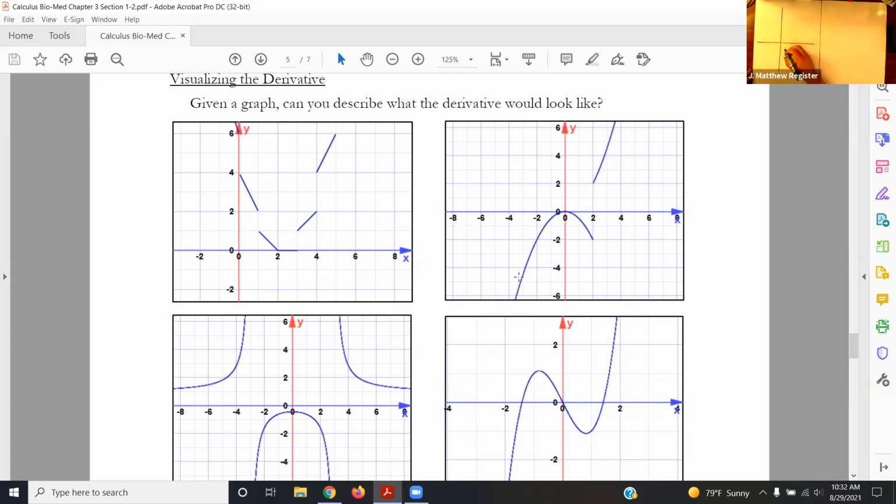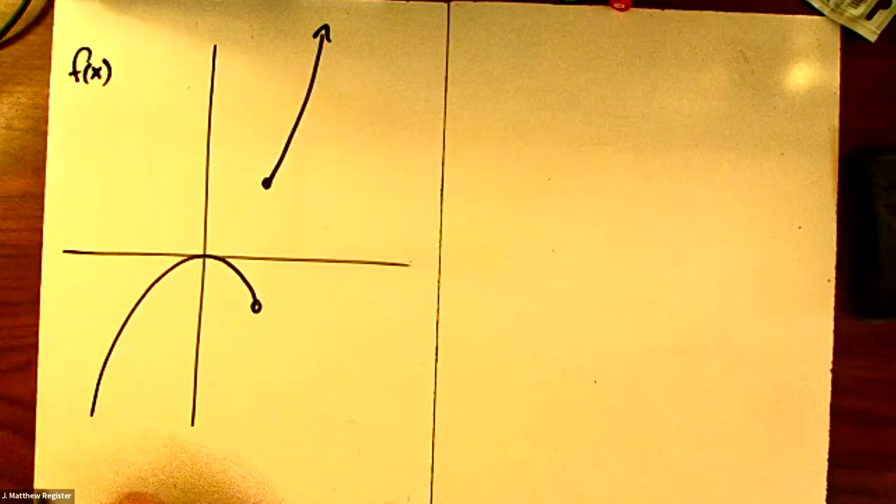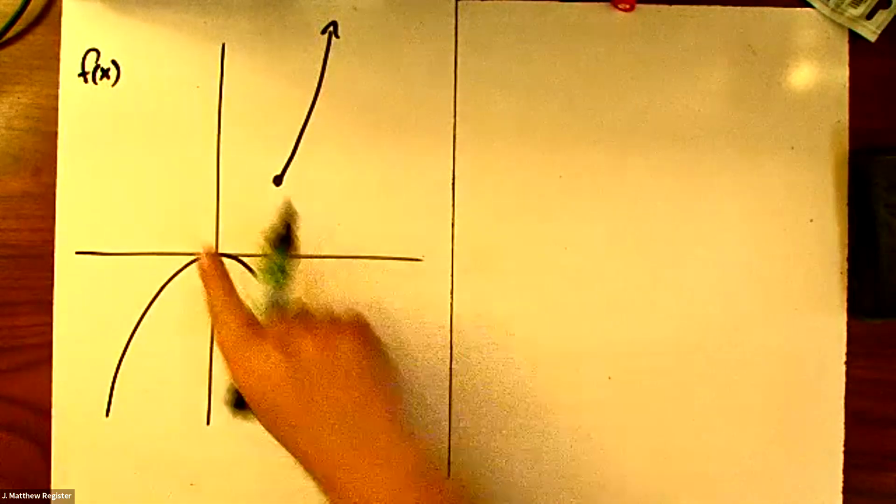And so I will do a quick graph of the function. Then it comes up. And let's make that one empty and open. And this is our f of x.